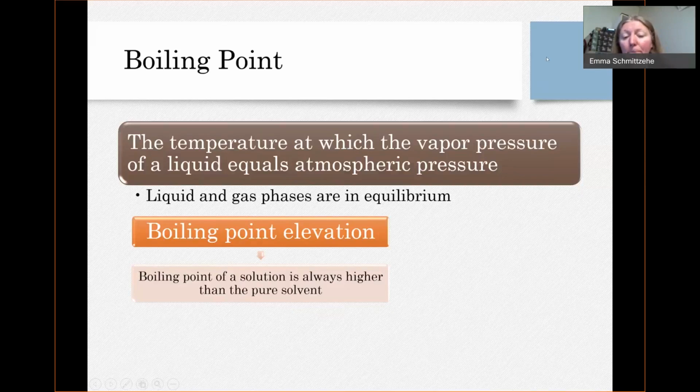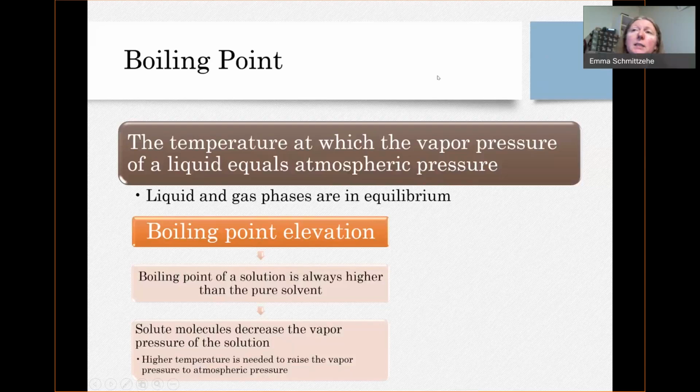And for that, it's tied directly to vapor pressure, because boiling point is tied to vapor pressure being equal to atmospheric pressure, and we just said vapor pressure goes down when you dissolve solute. Well, if I dissolve solute and the vapor pressure goes down, now I'm going to have to put in even more energy to re-increase the vapor pressure, meaning the boiling point is going to go up, okay? So the boiling point has to go up if the vapor pressure is going down.